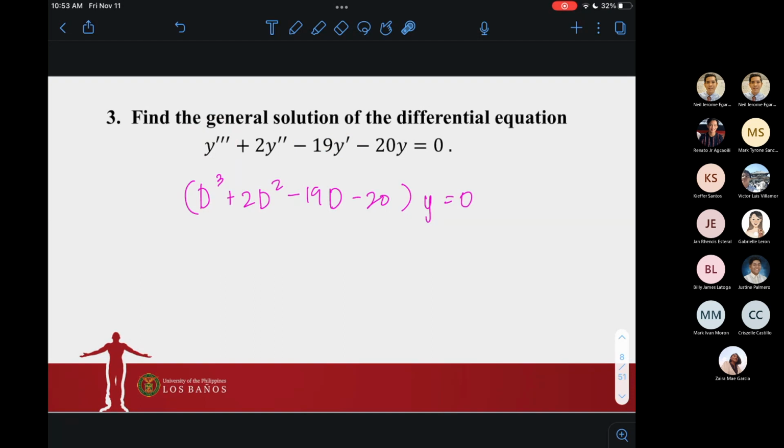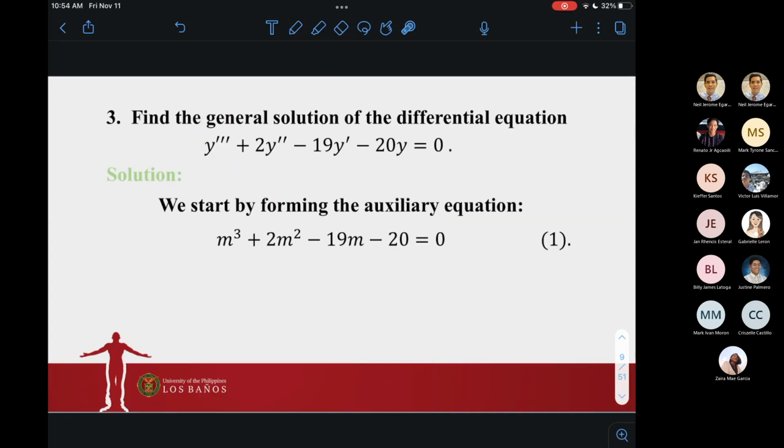So here we have a cubic auxiliary polynomial. In other words, our auxiliary polynomial is the one given in equation number 1, which is cubic. If you are in a quiz contest, you know the cubic formula. Alright? But if not, go back to the rational root theorem. What does the rational root theorem say? If equation number 1 has a rational root, those rational roots will be a ratio of the divisors of the constant term and the leading coefficient.